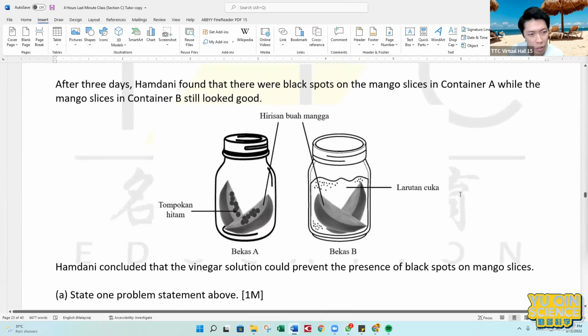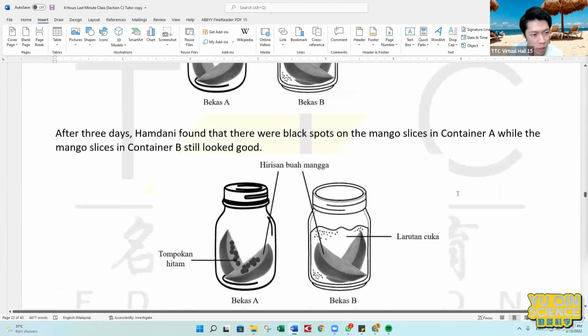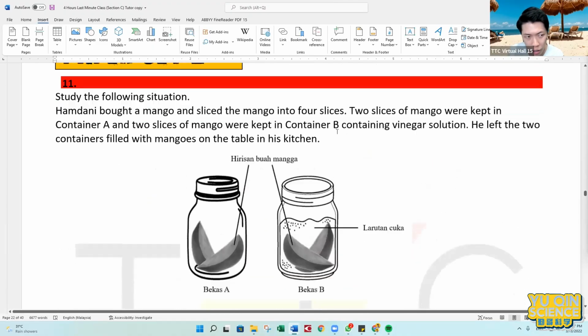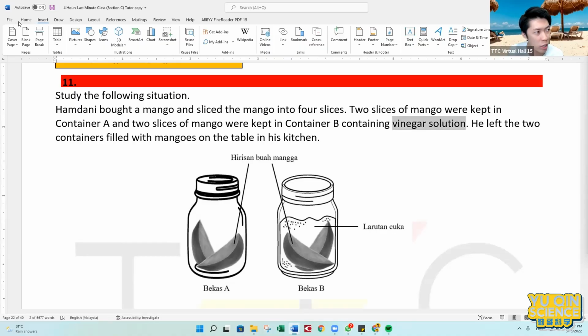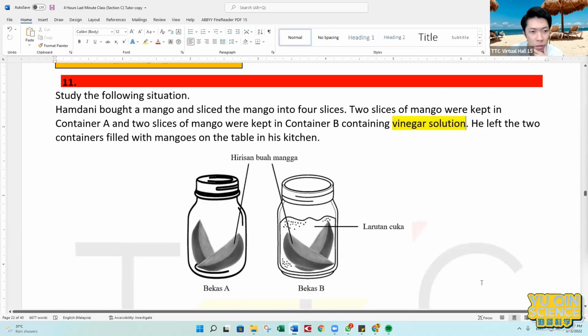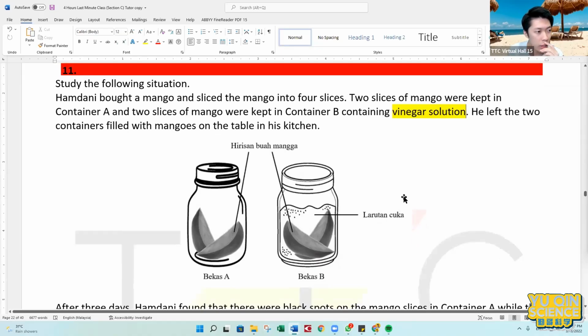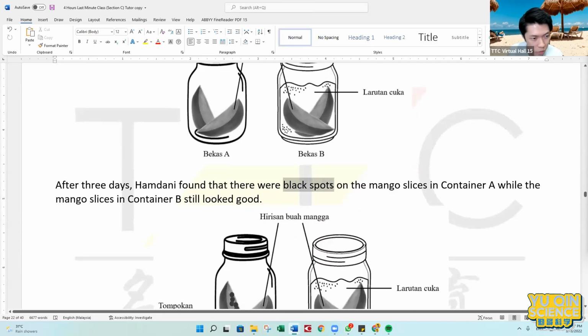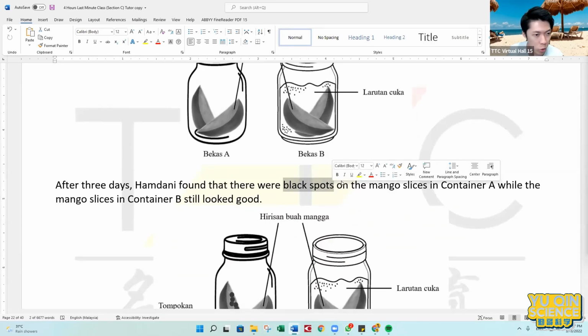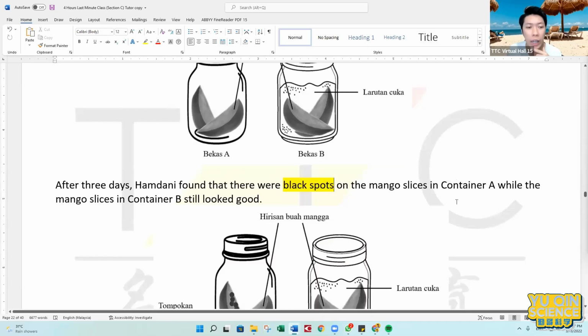Your manipulated variable: container A and container B, having vinegar or not having vinegar. The responding variable is black spots.